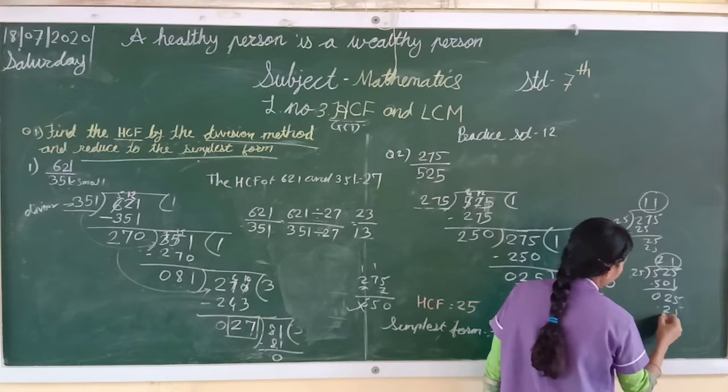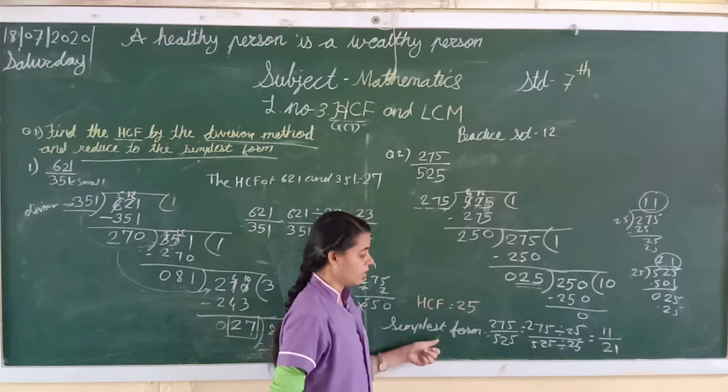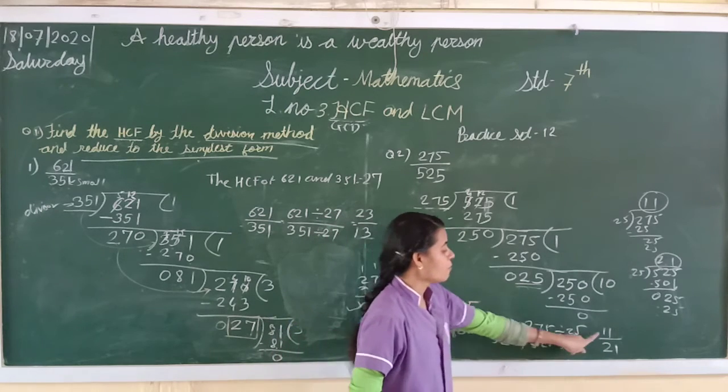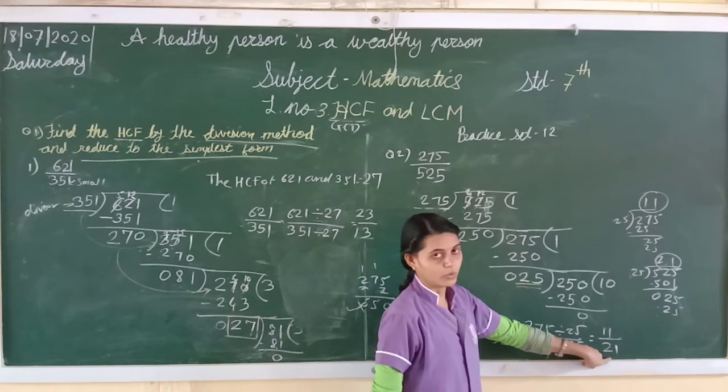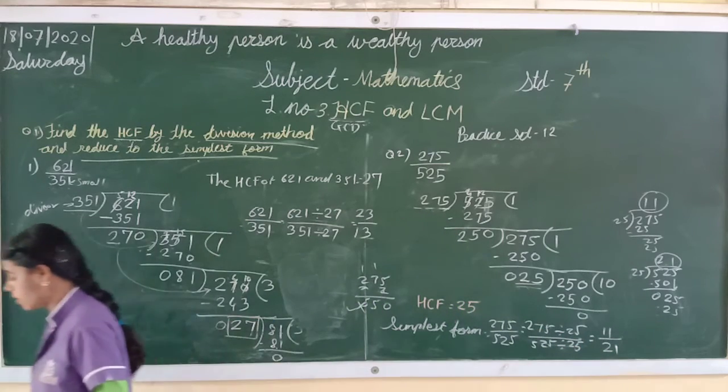How much, students? 21. Okay, so the simplest form is 11 upon 21. I hope students you understood these two sums.